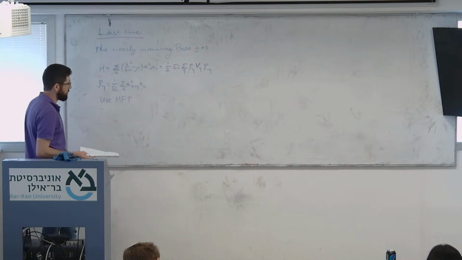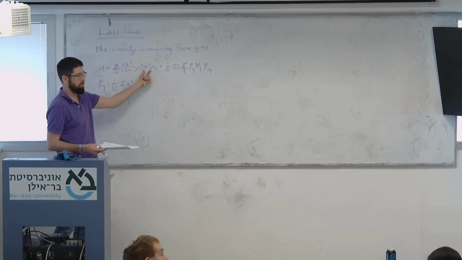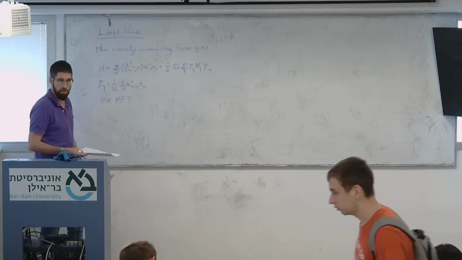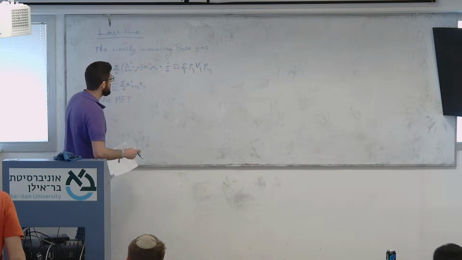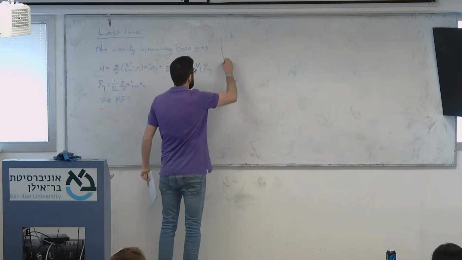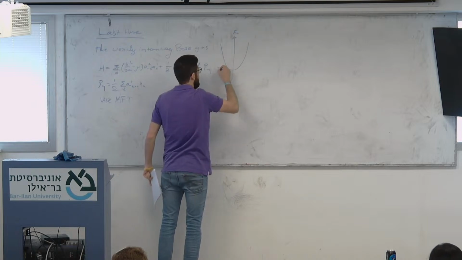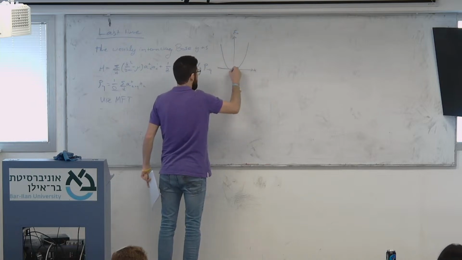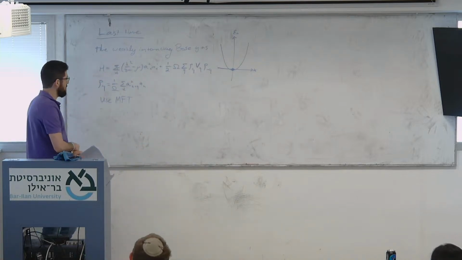For the Bose-Einstein condensation, A assumes an expectation value, A0. A0 means the occupation, so the dispersion of these particles. This is the dispersion, epsilon of k, and we're talking about massive occupation of the zero energy state.